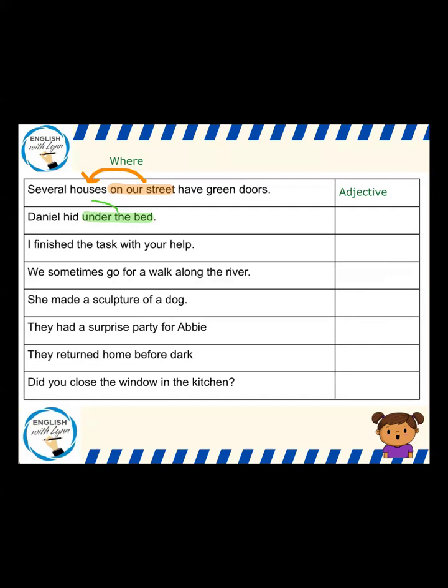So this time it is linking to "hid". Hid is a verb, so "under the bed" is acting as an adverb because it's telling us more about where he is hiding.